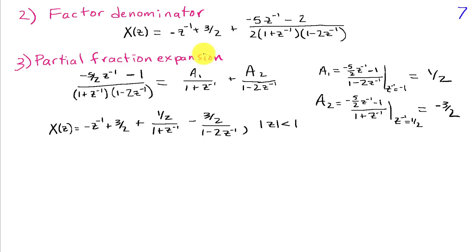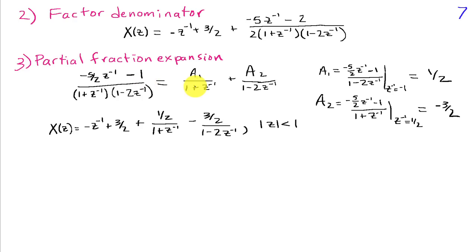Now we'll expand this term, having factored it, in terms of a sum A1 over 1 plus z inverse plus A2 over 1 minus 2z inverse. And I've moved the 2 that was in the denominator up into the numerator for this expansion.